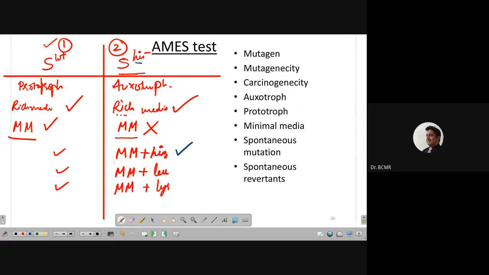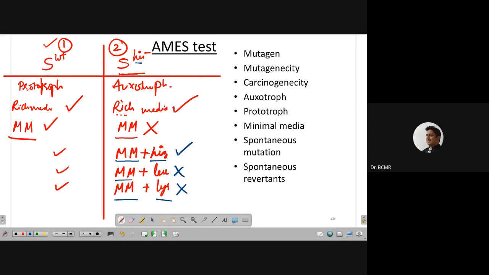So if you supply histidine in addition to minimal medium, then it will be able to grow. If you supply minimal medium plus leucine, it cannot grow because it is still failing to synthesize histidine. That is how people find out or isolate auxotrophs. And the same is the case here, it will not grow here also.